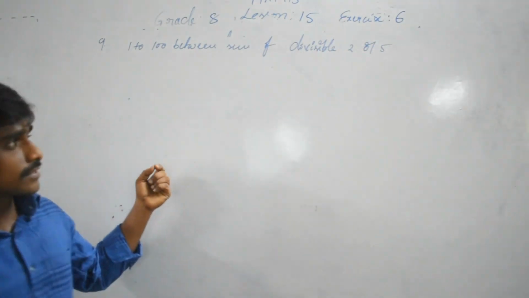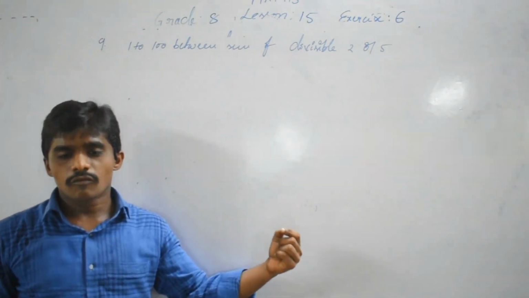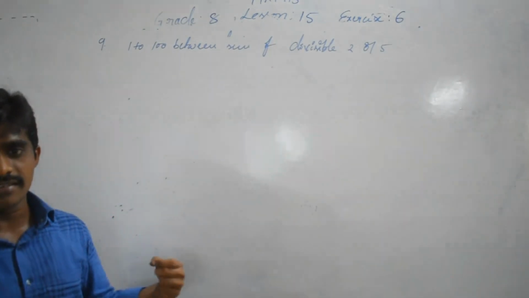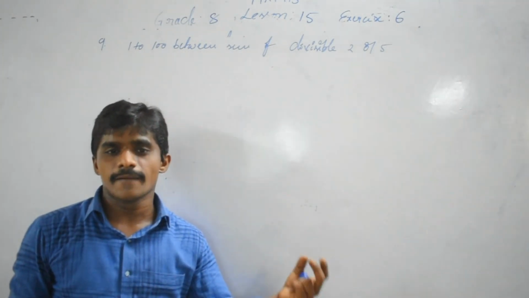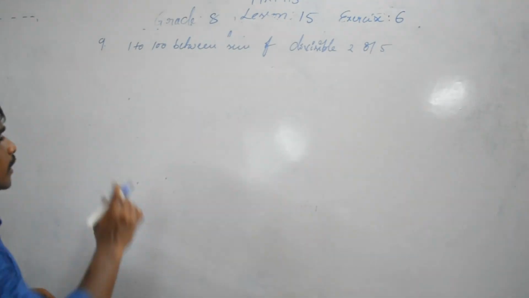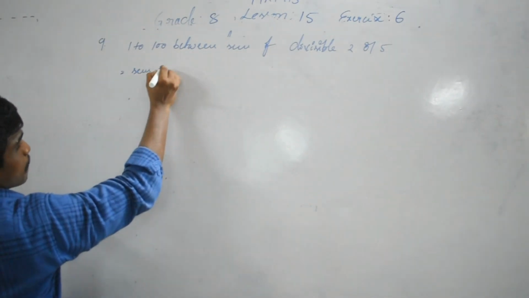Ninth one. So here, divisibility by 2 means multiples of 2 from 1 to 100; how many, and their sum. And multiples of 5 from 1 to 100; how many, and their sum.